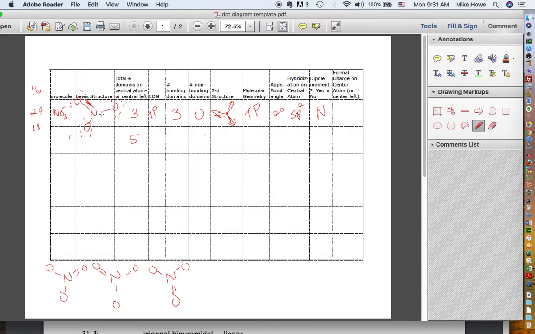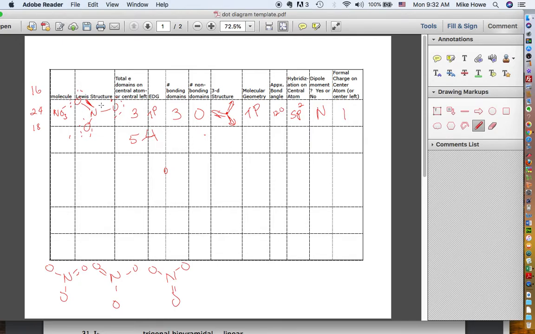So nitrogen would be shown to contribute 4. There aren't any unshared electrons sitting around the nitrogen. So 5 minus 4 gives you a positive 1 formal charge. All right, so positive 1 will be our formal charge.